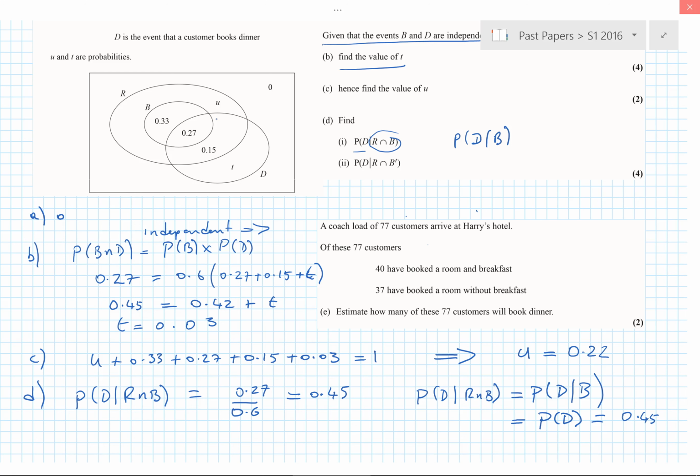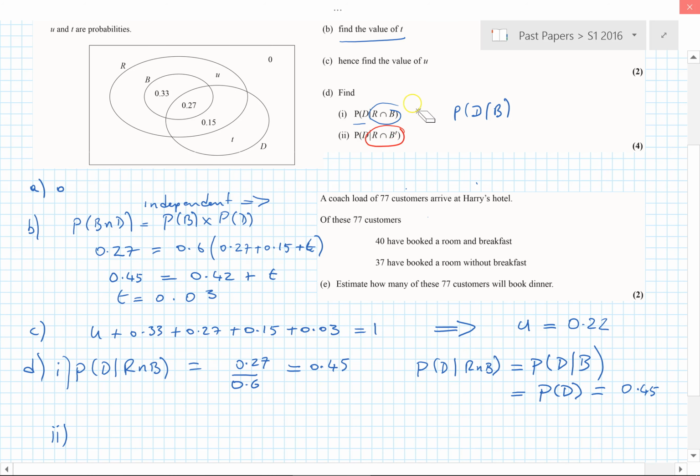Okay, let's look at the second part. For the second part, we're looking at this as our restricted space, R intersection B dash. That means the set we're looking at is that R happens and B doesn't happen. So it's got to be within R, so we can scrub out everything that's not in R, but also that B does not happen.